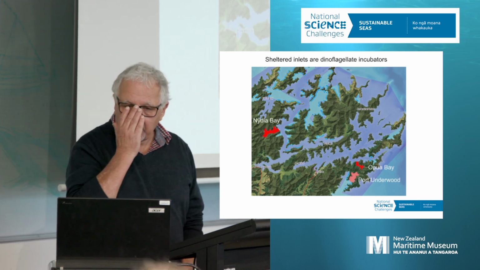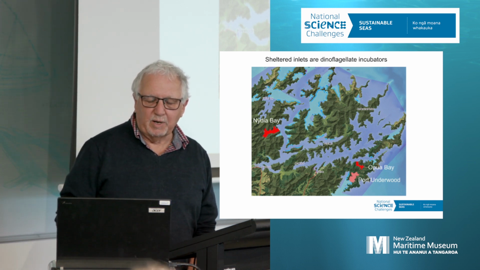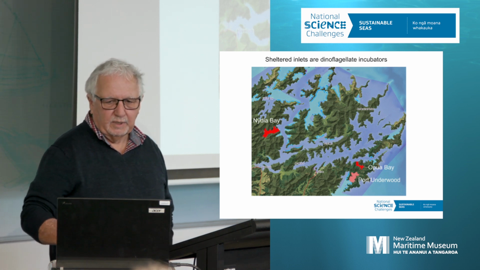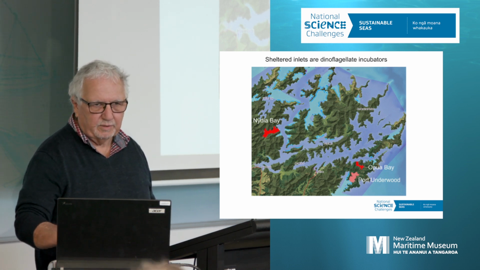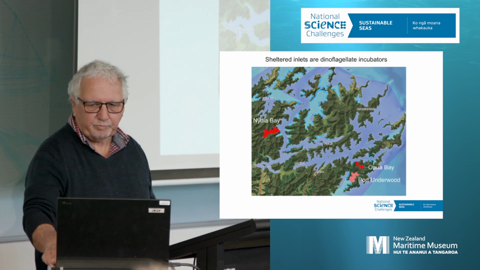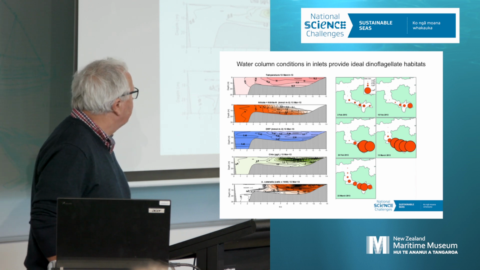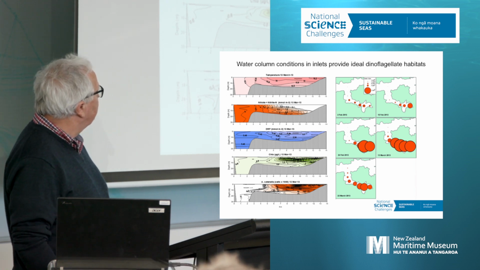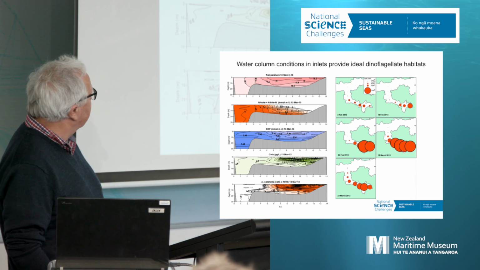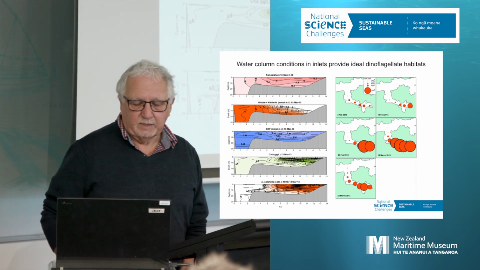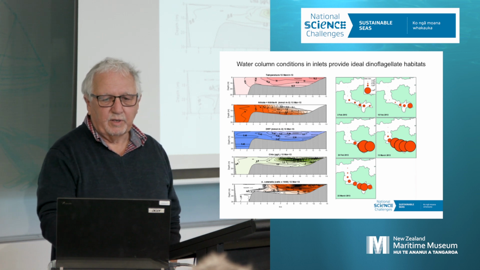And you'll notice one thing about them, that they're all long enclosed inlets with limited water circulation. Quite a bit of our work is to try and determine what it is that leads to these blooms occurring. And in many cases, it's relatively obvious.